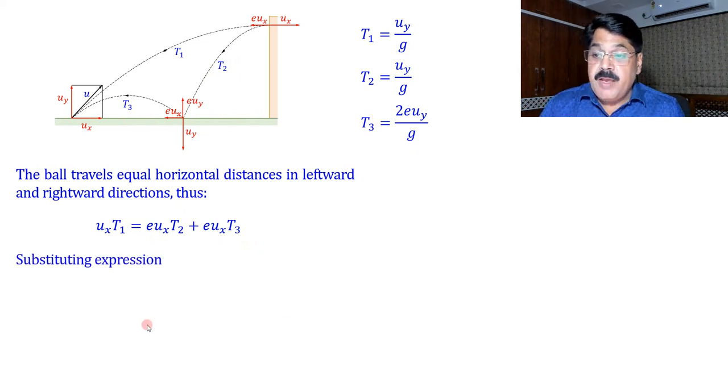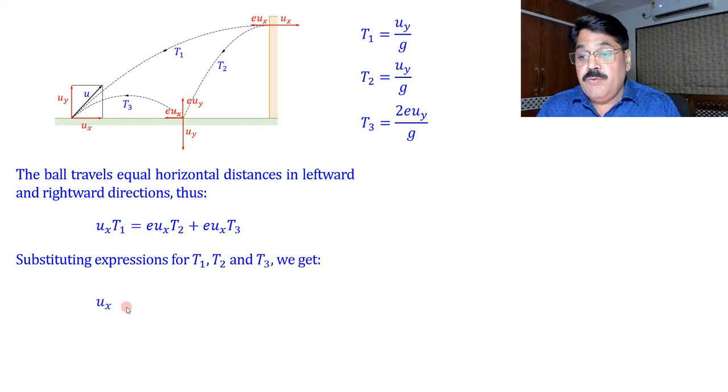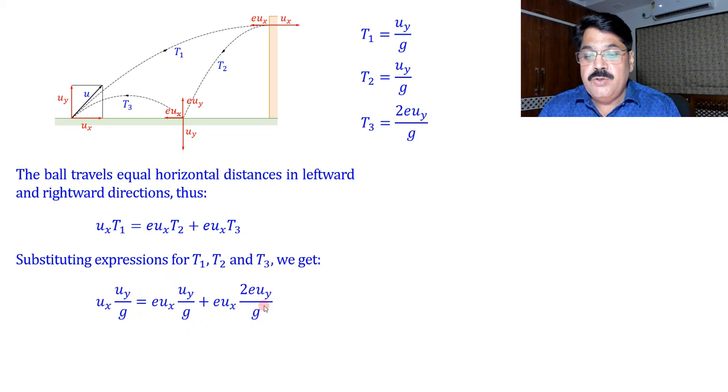Substituting expressions for t1, t2 and t3, we get ux into uy by g is equal to eux into uy by g plus eux into 2euy by g. And now we can see from the entire equation, ux uy by g we can cancel out. So what we get here: 1, here e, here 2e squared. So we get 1 is equal to e plus 2e squared.